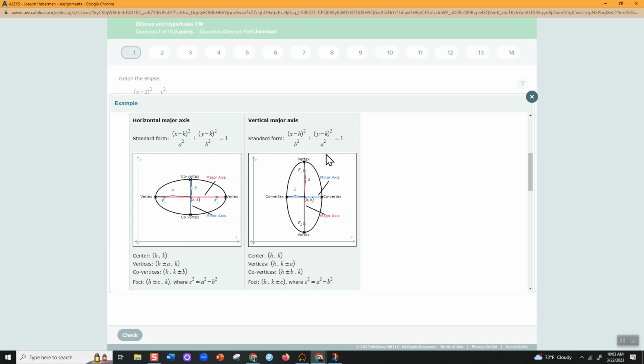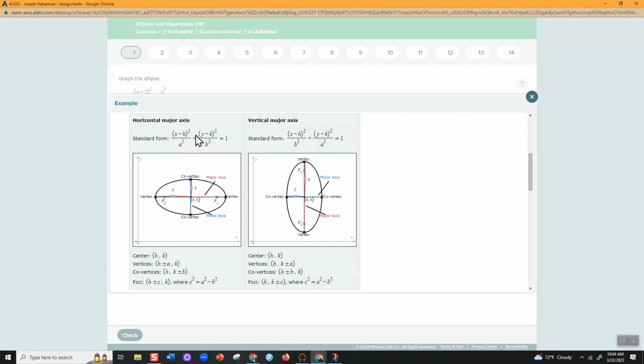It depends on which number is bigger on the bottom here. The bigger number is always going to be the major axis, and the smaller number is going to be the minor axis. So if your denominator is bigger, that's going to be the major axis. But it doesn't matter too much.